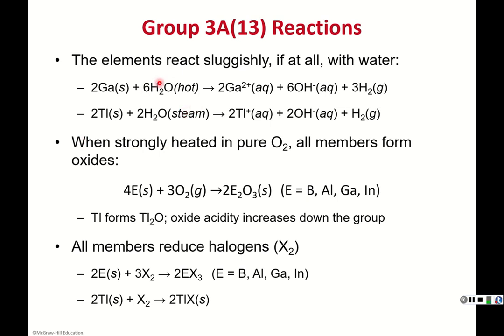And it tends to have to be either hot water or in the form of steam, right? So you have to add some energy into this. It can't just be room temperature tap water. When strongly heated in pure oxygen, all members form oxides, and all members reduce halogens. So they get oxidized and they reduce the halogens.